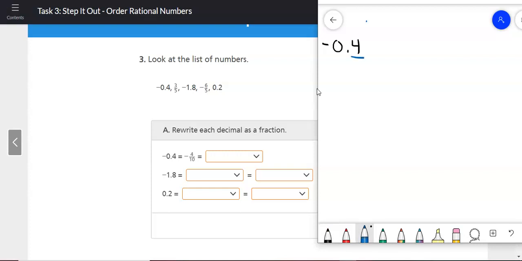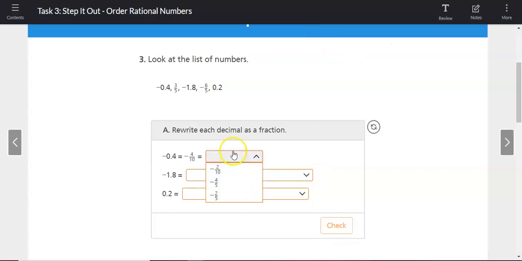This 4 is the last number. It's in the tenths place. So that's how they got right here, -4/10. They then want us to simplify that by 2. And we get 2/5. So -2/5.